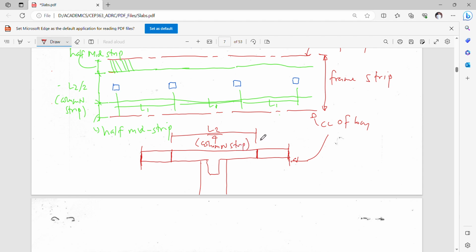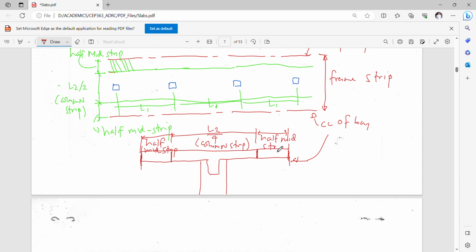The rest here are simply the middle strip. This is the half middle strip, and this is also a half middle strip.